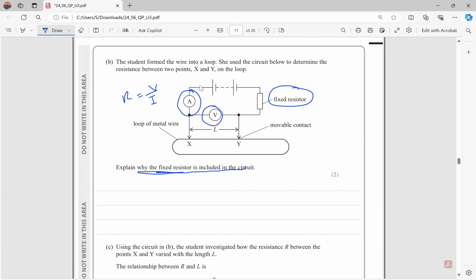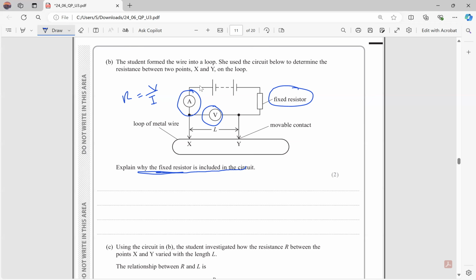So resistors are used in a variety of electrical and electronic devices. For example, any device that you can adjust, like a fan whose speed you can adjust. You can do that via a resistor as well. A high resistance will limit the current, reducing the speed of the fan.